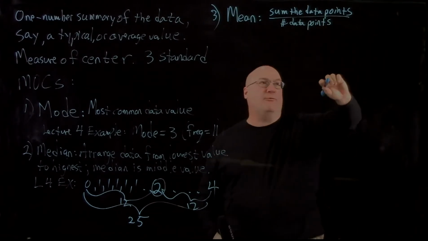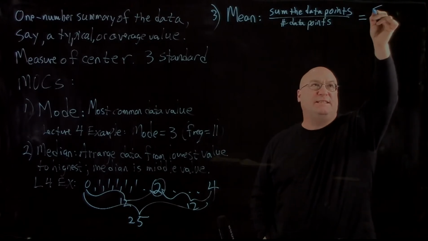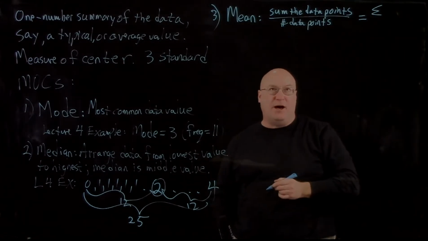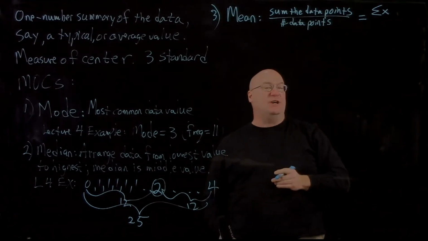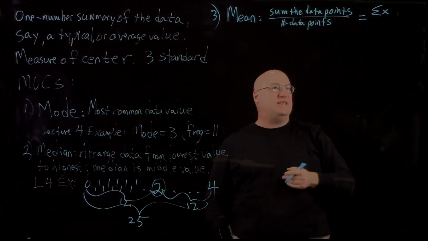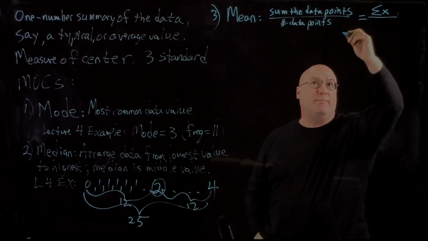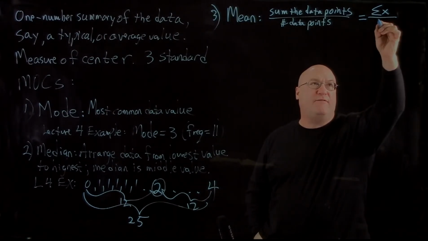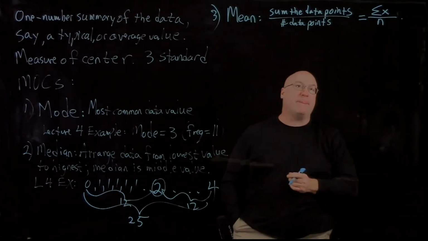Okay, so we might write that in shorthand notation, sigma, which means sum, and if I just put a little x there, that x means a generic data point, so it just means sum all the data points and divide by the number of data points we have, which I'll just denote with a little n.